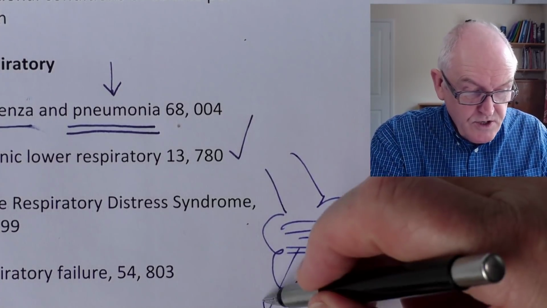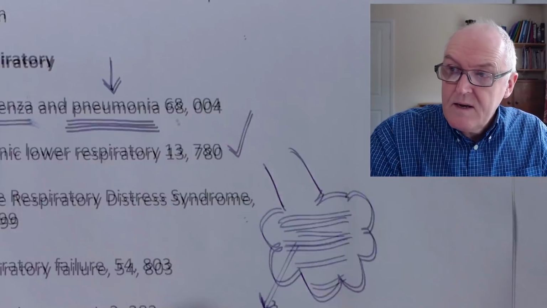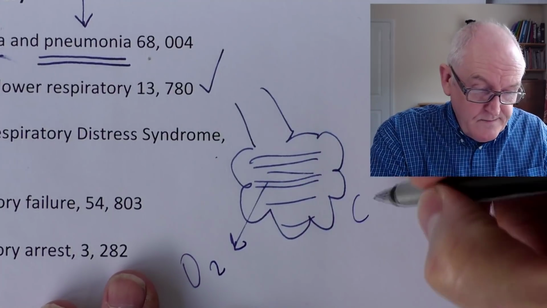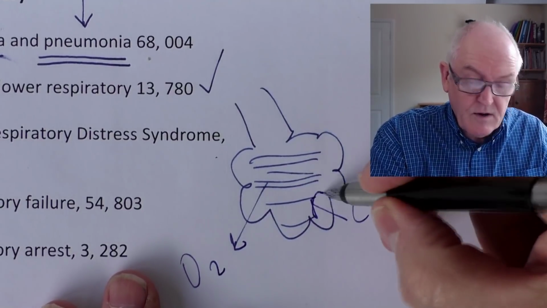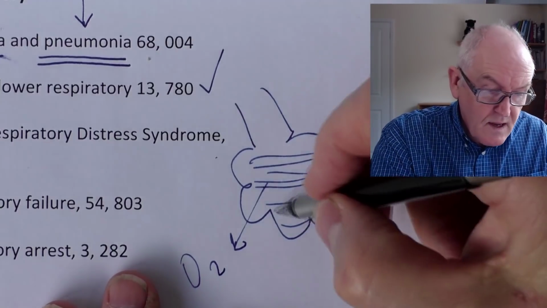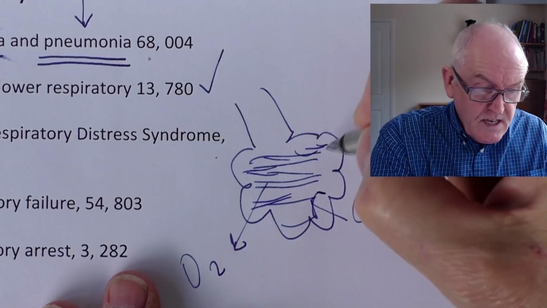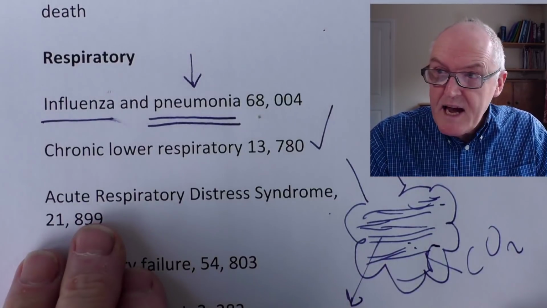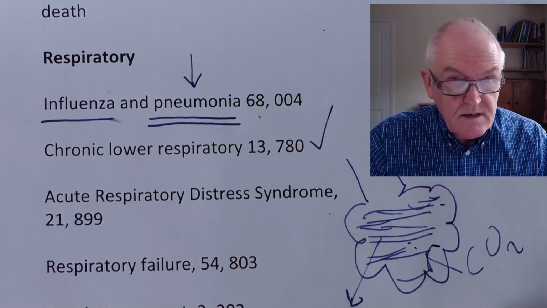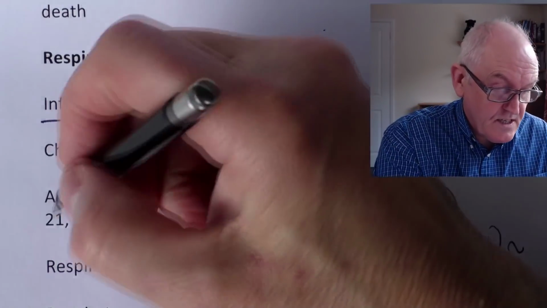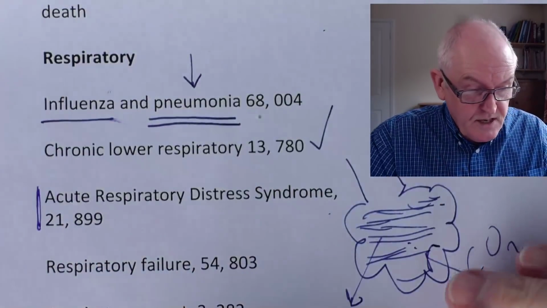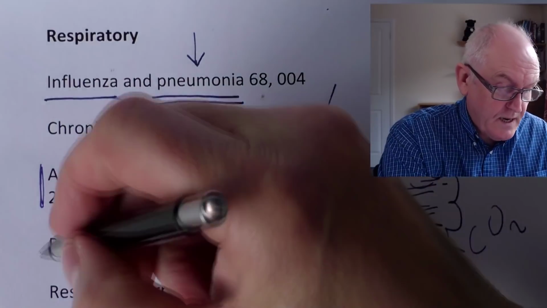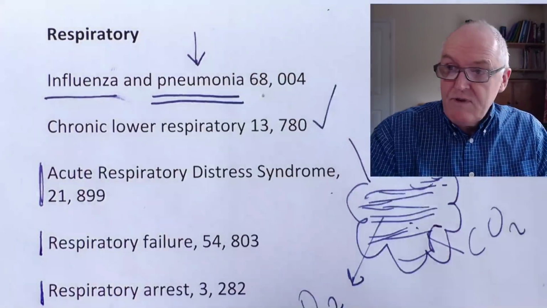That means the oxygen can't get out to the blood, and it means the carbon dioxide from the blood can't get back into the alveoli to be breathed out. It's very similar to the presentation in pneumonia, but this is very much caused by the COVID-19. So the ARDS comes after the COVID-19. So again, that increases the 6% because that's the complication of COVID, as is respiratory failure, as is respiratory arrest.